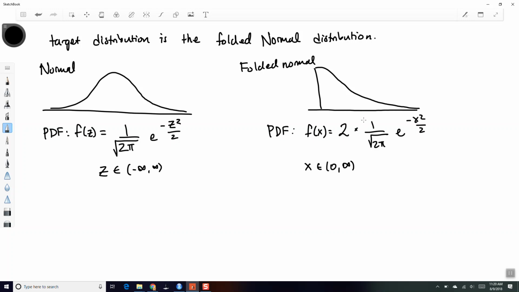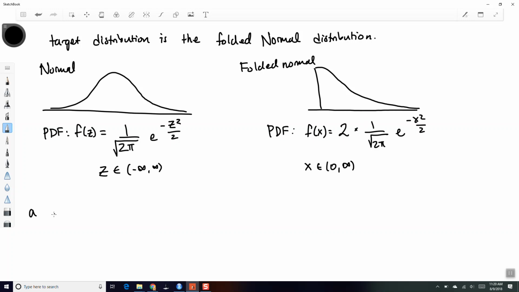Every single number between 0 and infinity would be proposed with equal likelihood. But we can't propose values between 0 and infinity with equal likelihood, okay?